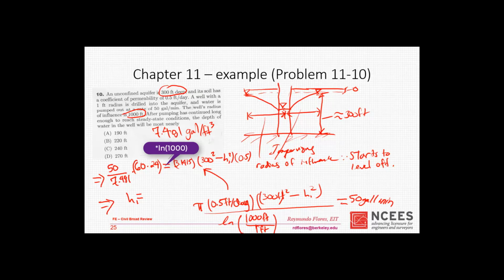And then subtract the 90,000 minus 6127, and then 83. So the answer should be 290.